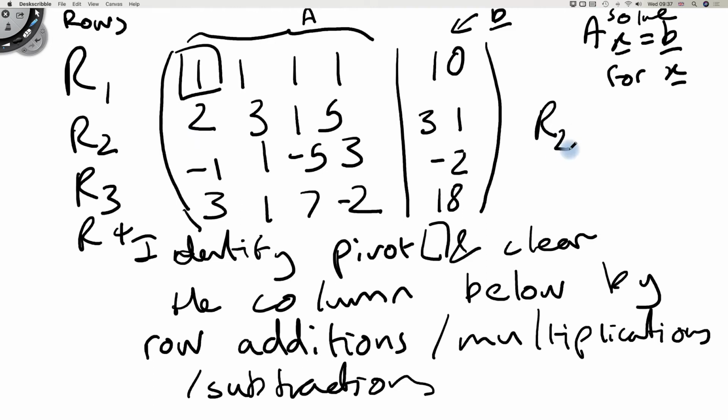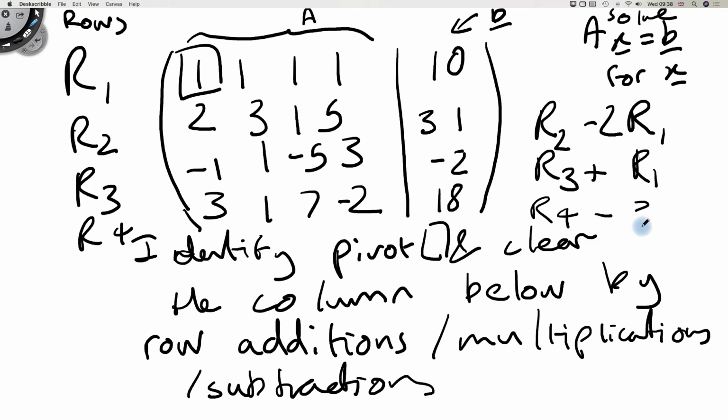So we do row 2 minus 2 row 1, and that will give us 0 in that first element below the 1. And then we'll do row 3 plus row 1 and row 4 minus 3 row 1. Okay, so that should be familiar from previous years.